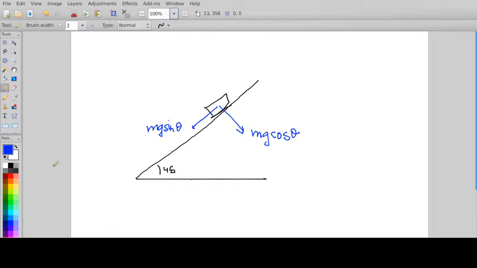Okay. And you ask yourself, is that all the forces? Nope. There's a normal force, because as soon as you have surfaces touching, you've got a normal force. So there we go. There's my normal force.